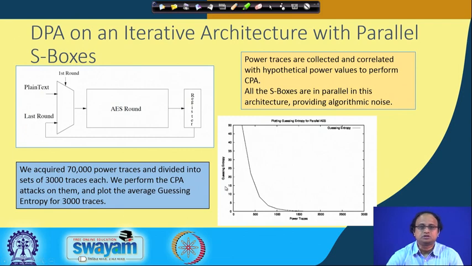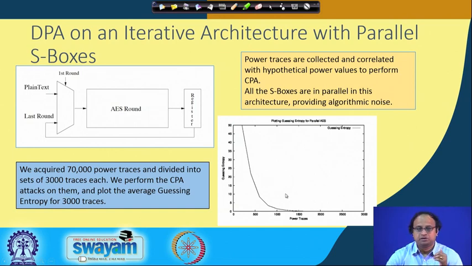Basically what it means is that you get the guessing entropy for every 3,000 power traces and you plot it on the y axis with the number of observations. As you can see, around 1,500 power traces, the guessing entropy has reduced to 0, which means you know with certainty what is the key. The key has been found out.